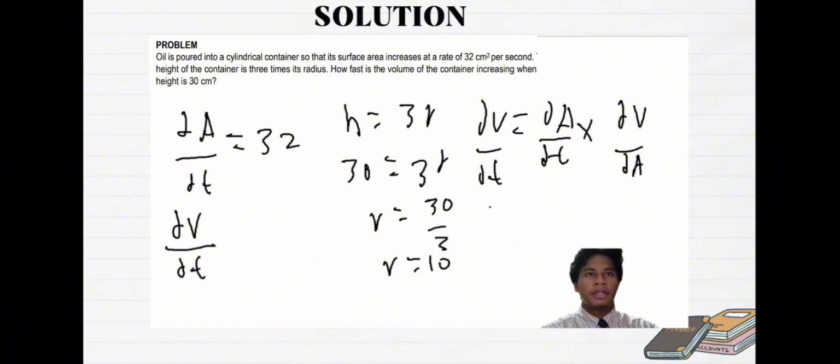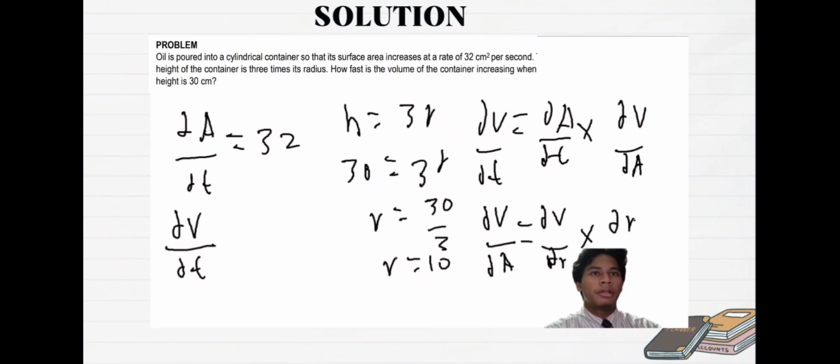Since we don't know what dV/dA is, we need to make another equation from that, which is dV/dA equals dV/dr times dr/dA. Just like earlier, we cancel out the dr's, so we get dV and dA. That's like the original solution.